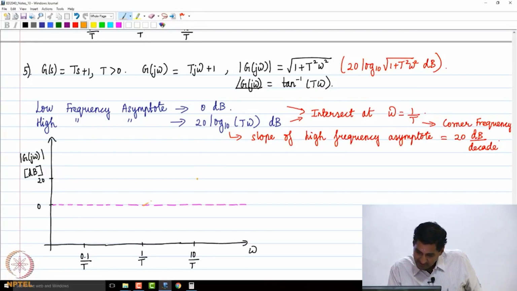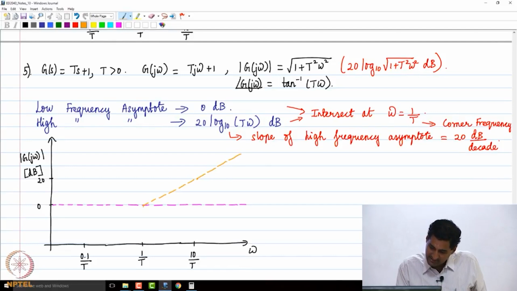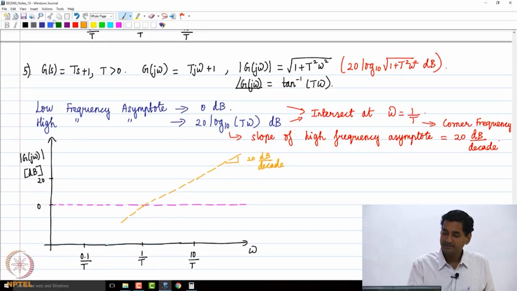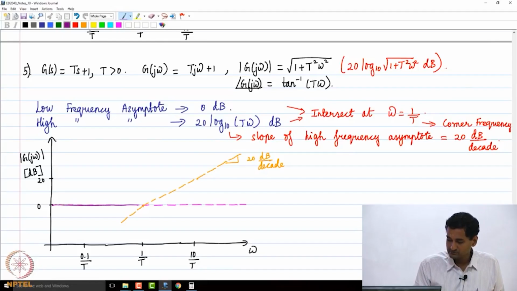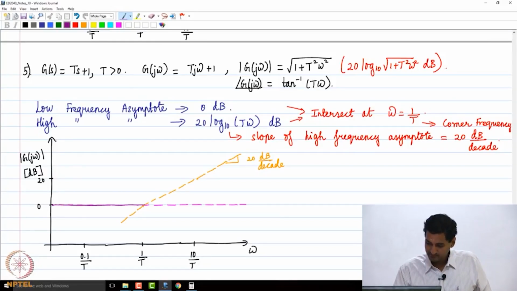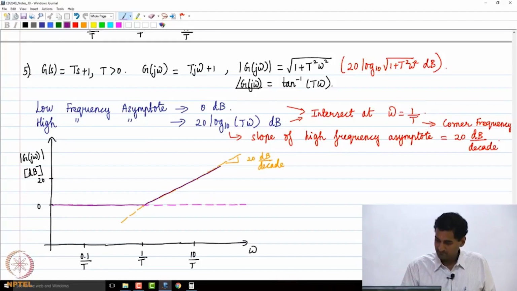So the high frequency asymptote is going to be this, which has a slope of plus 20 decibels per decade, and the approximation is going to be this, in that color.